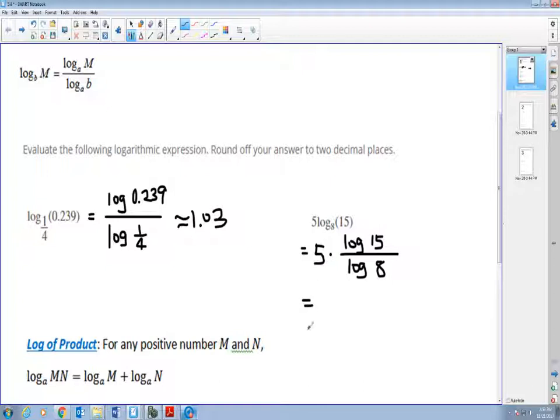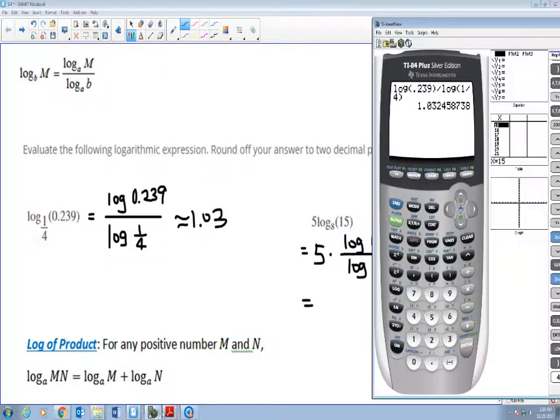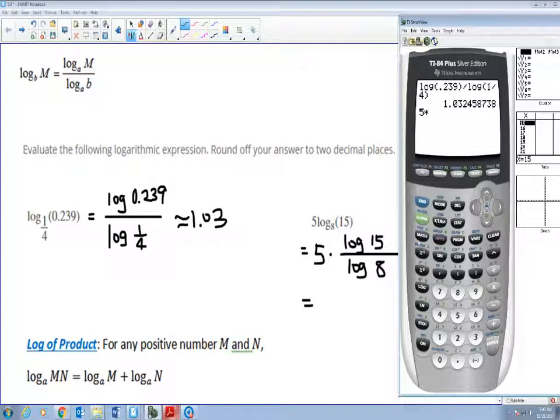The 5 means 5 over 1, so I can put my 5 on the numerator. So when I type it, I say 5 times log with the base 10 of 15, close it, then divided by log with the base 10 of 8. That will be 6.51.